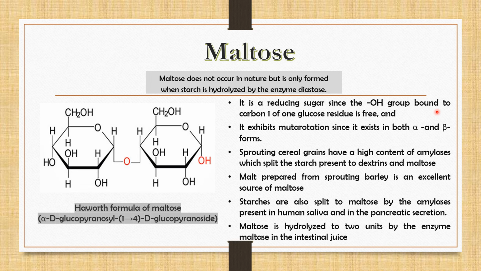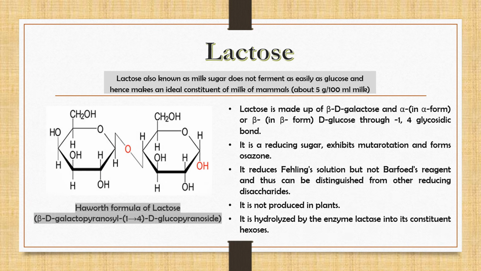Sprouting cereals have a high content of amylase, which splits starch to dextrins and maltose. Malt prepared from sprouting barley is an excellent source of maltose. Starches are also split to maltose by amylases present in human saliva and pancreatic secretions. Maltose is hydrolyzed into two glucose units by the enzyme maltase in the intestinal juice.